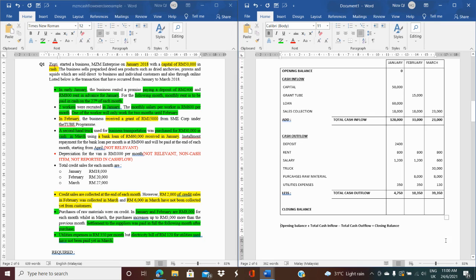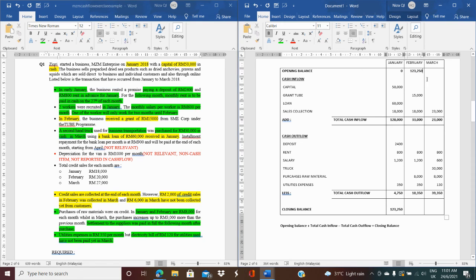The closing balance will be 123,250. For February, you take this amount and carry it forward as the opening balance. The closing balance of the previous month will be the opening balance for the next month.